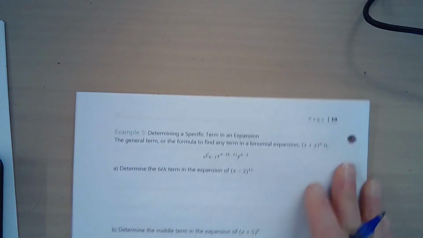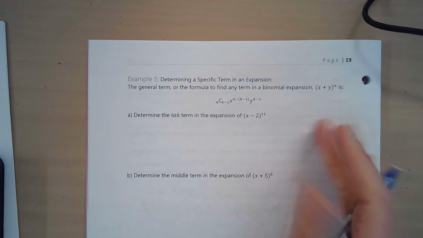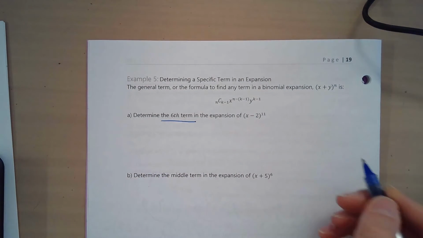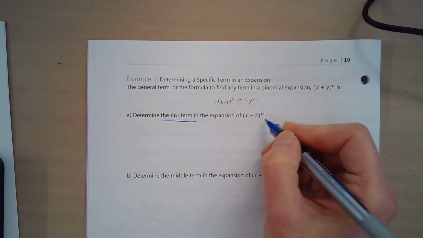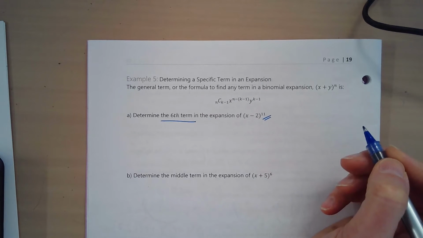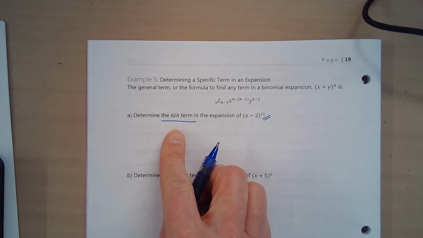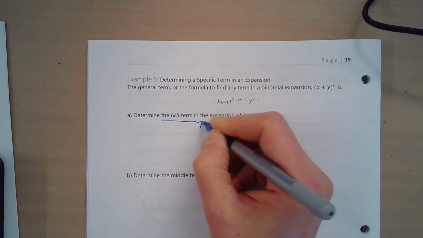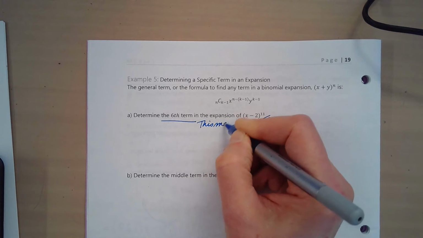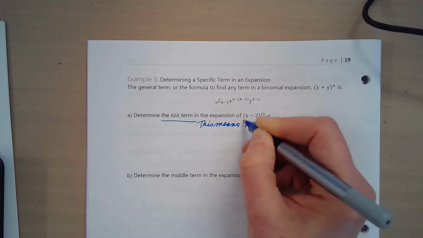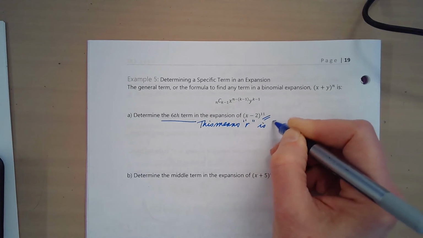So when you're asked, sometimes you're asked for, I'll flip over to the other page, just the 6th term in this expansion. Again, you can see why I wouldn't ask you to expand fully because there's far too many terms. So if it says the 6th term, just like we learned from Pascal's triangle, this means R is 5.